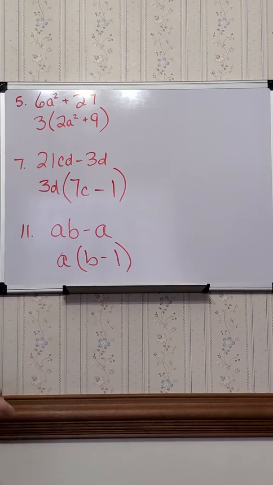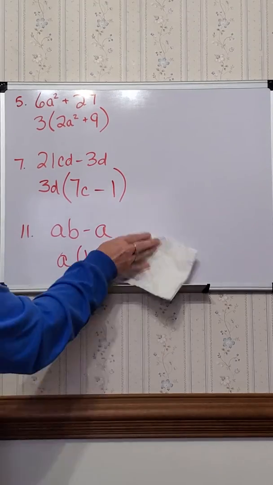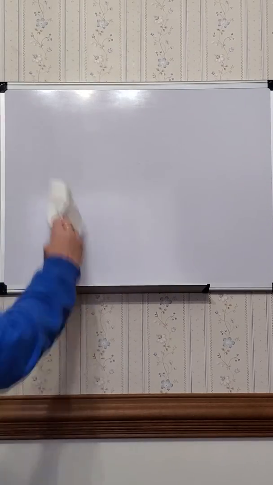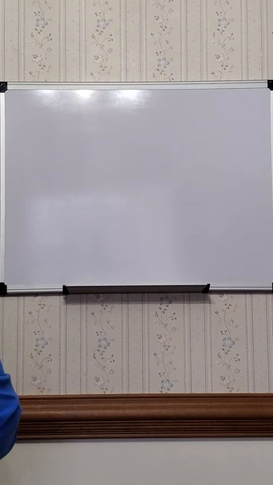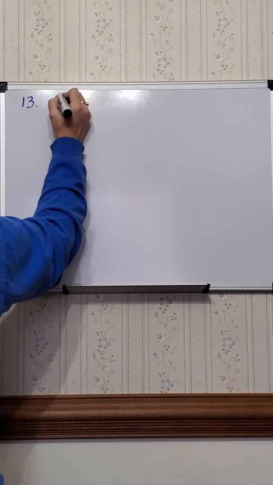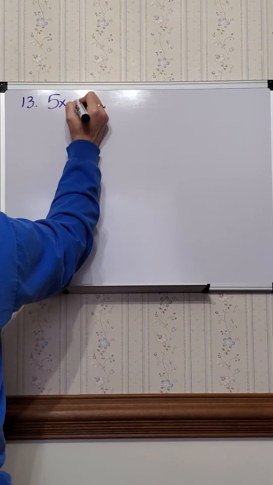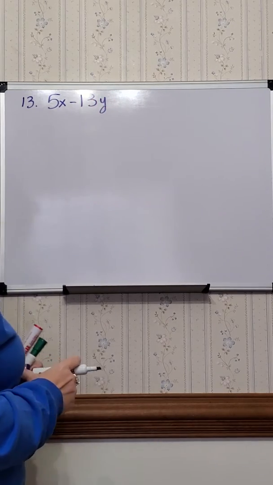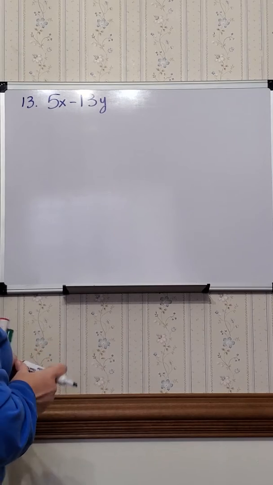All right, let's erase this. And let's look at 13. So for 13, I have 5x minus 13y. Well, look at my variables. There's nothing common between them.